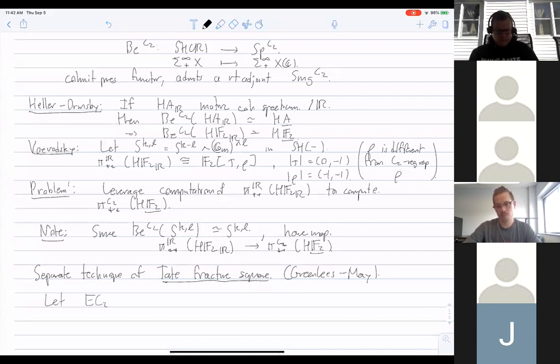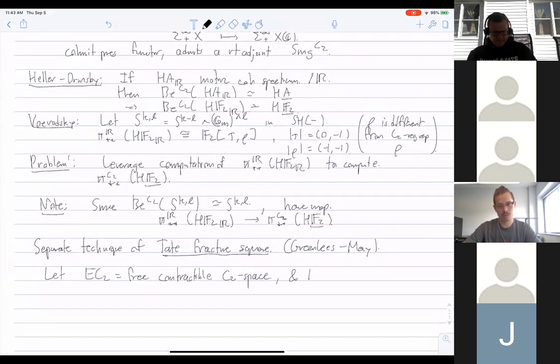So let EC2 be the free contractible C2 space and form the cofiber sequence EC2 plus to S0 to EC2 twiddle. You can form this in pointed C2 spaces, but let me suppress suspension spectra symbols and just form this in C2 spectra.